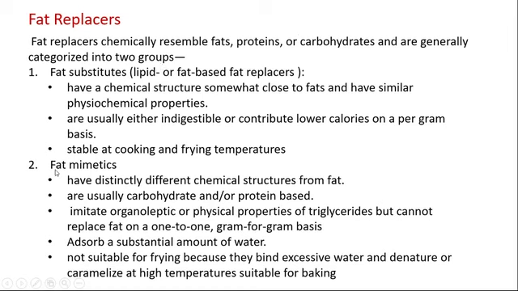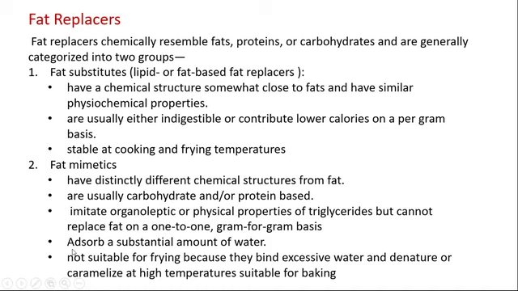On the other hand, a fat mimetic is an imitation fat which contains no fat in it. It has properties which are entirely different from the fat. It actually mimics the fat and fools you to think that you are eating fat, and you have that feel that you are eating the fat, and it cannot replace the fat on a one-to-one basis, whereas a fat substitute can replace it.